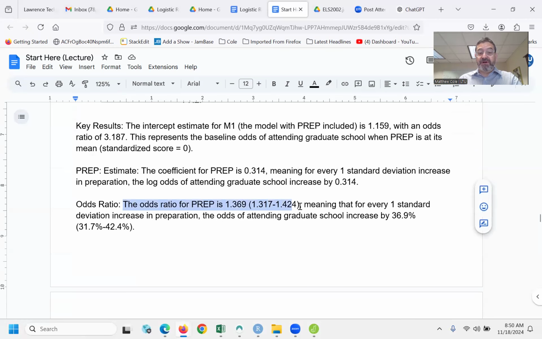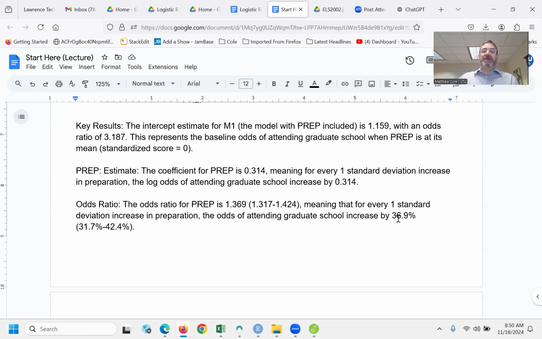So the odds ratio means that for every 1 standard deviation increase in preparation, the odds of attending graduate school increase by 36.9%. So 1.4 or 1.36, let's do 1.4. 1.4 is equivalent to 40%. So you start with 1, and then anything above 1 is the percentage increase. So if you had an odds ratio of 2, starting with 1, we have a 100% increase.